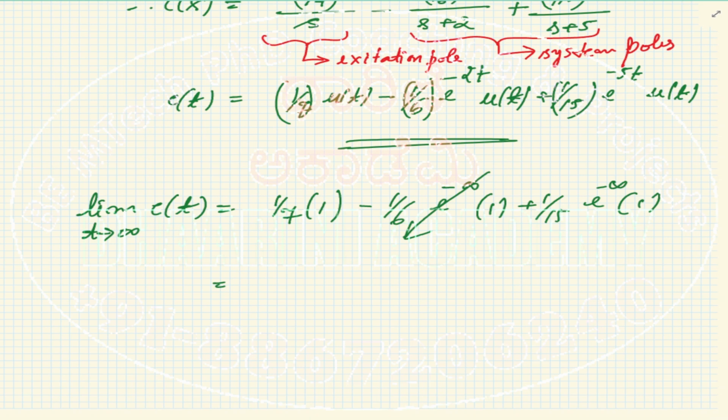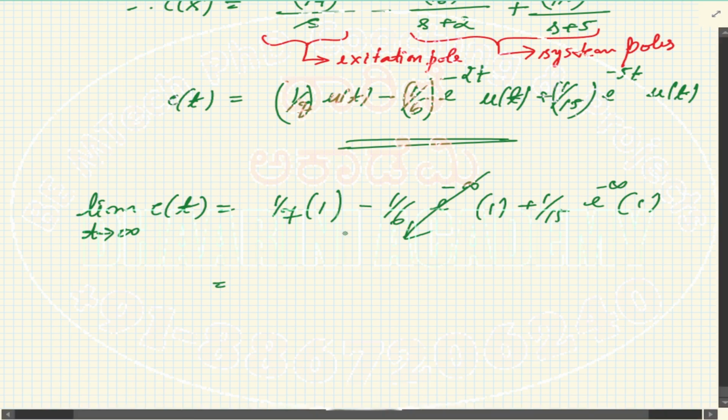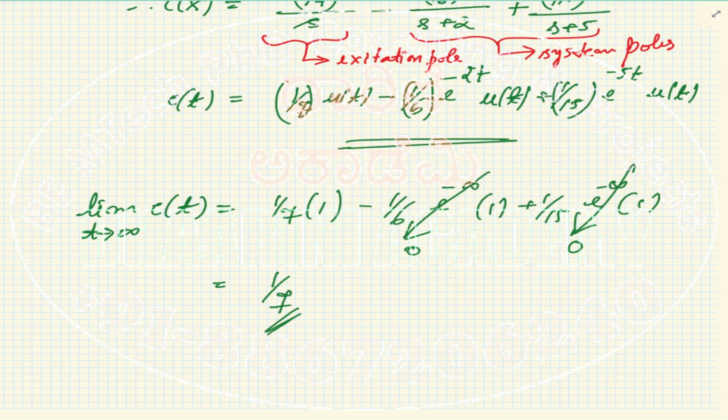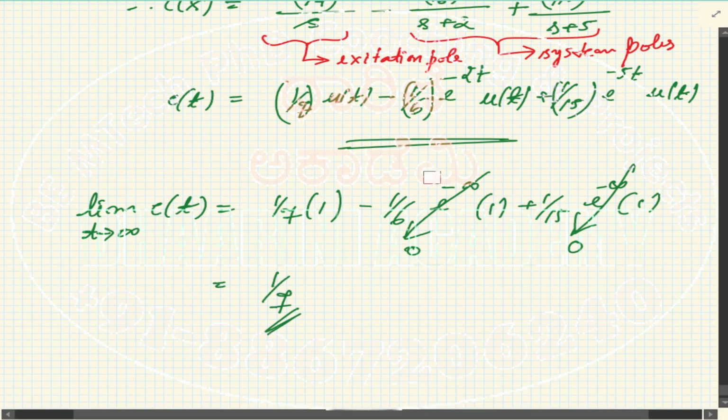It's 0. So both the second and the third term of the above equation reduce to 0. So you see this is 1 by 7. In the sense, the output tends to become 1 by 7 when time goes to infinity, right? So we have a few more terms to be defined now based on this.